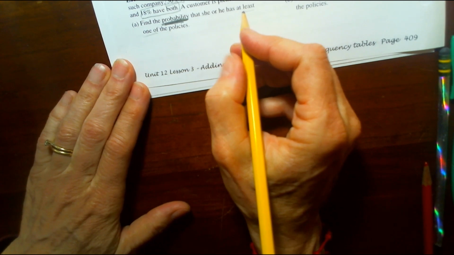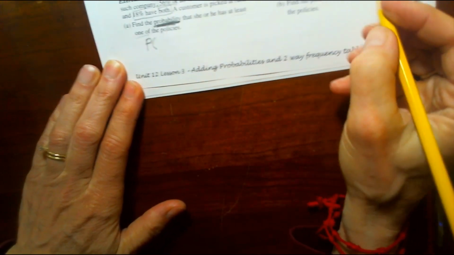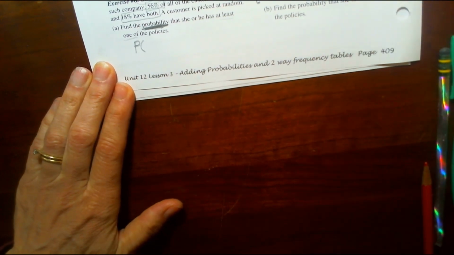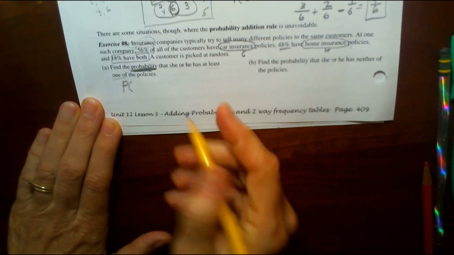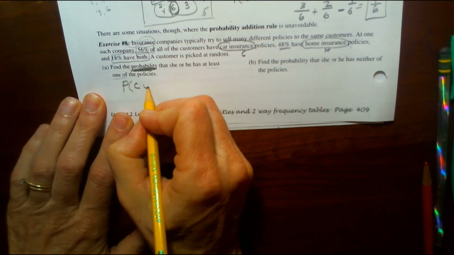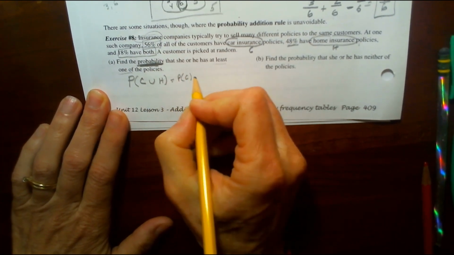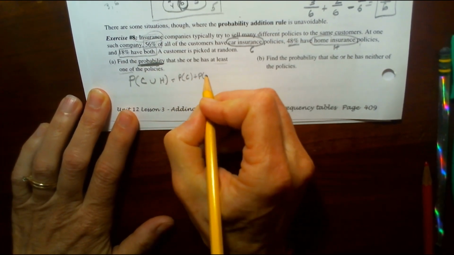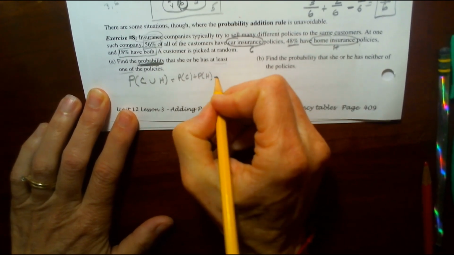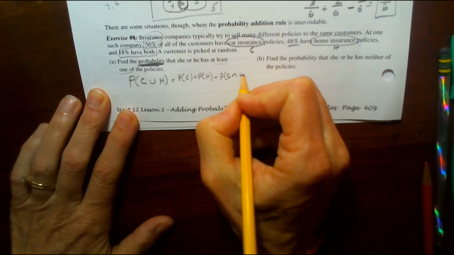Well, if they have at least one of the policies, we'll call C for car insurance, we'll call H for homeowners insurance. And what is the probability that they'll either have car insurance or they'll have homeowners insurance? Well, that's the probability that they'll have car insurance plus the probability that they have homeowners insurance minus the probability that they have both car and homeowners insurance.